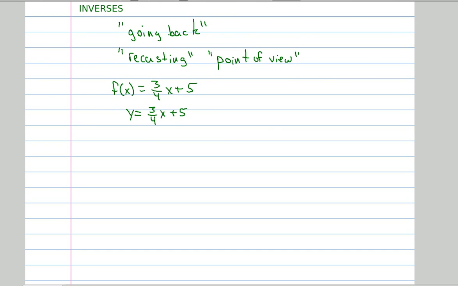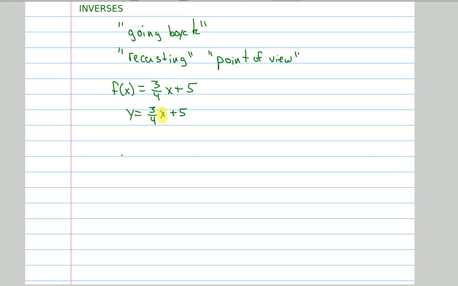If I wanted to look at this from another point of view, the natural point of view I'd want to look at is from the variable x. Right now I'm looking at y as a function of x. Well, what does this look like from the point of view of x?